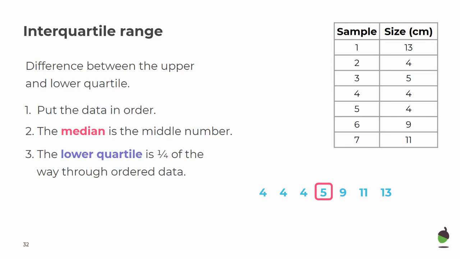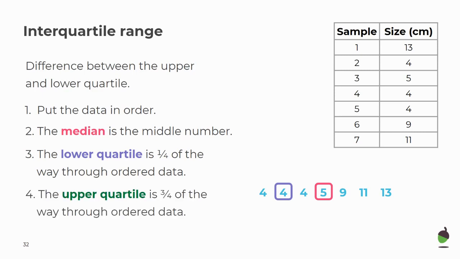The lower quartile is a quarter of the way through this data. So if 5 is halfway, a quarter of the way through is 4. The upper quartile is then 3/4 of the way through. So that is, can you tell me? 11. Good spot, well done. So we know what our upper quartile and our lower quartile is.